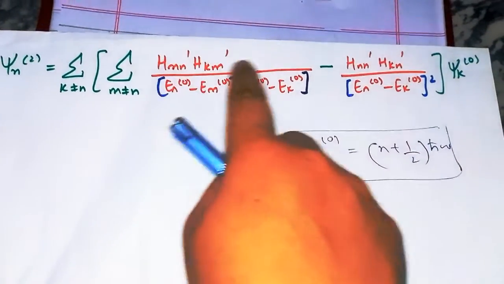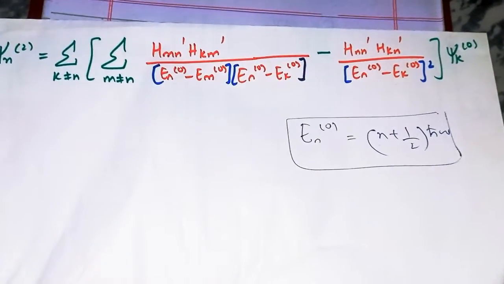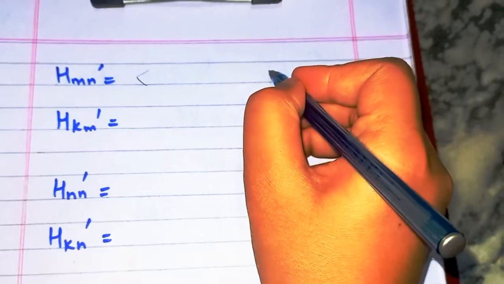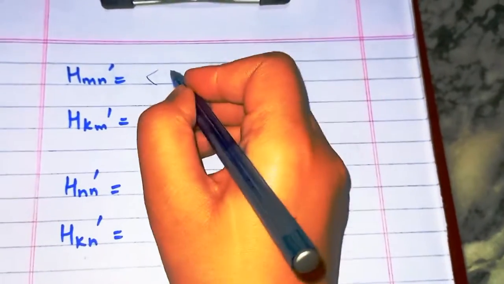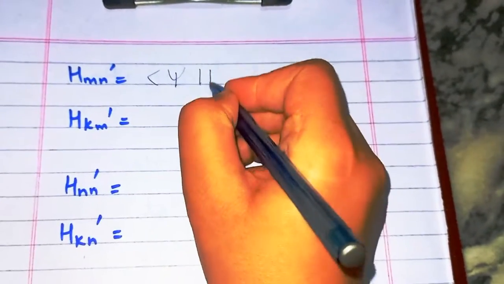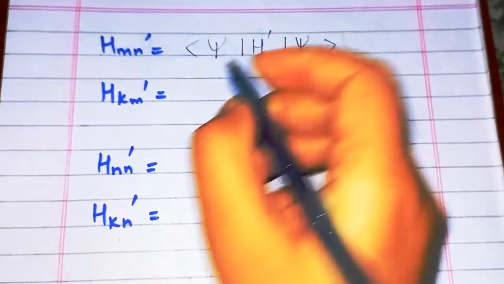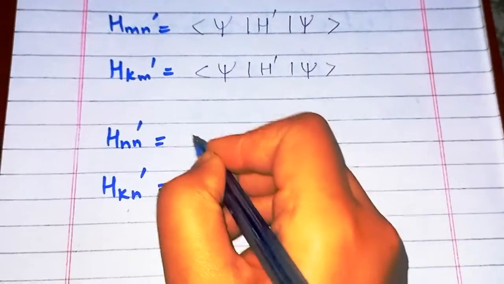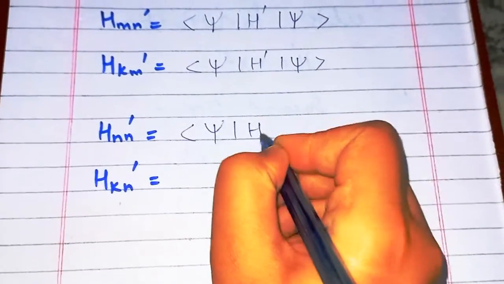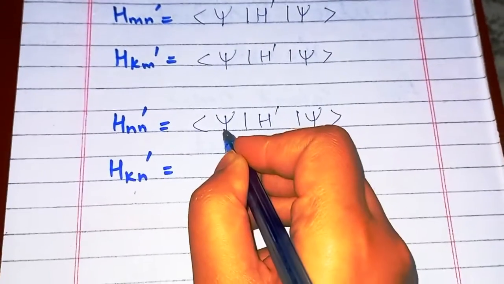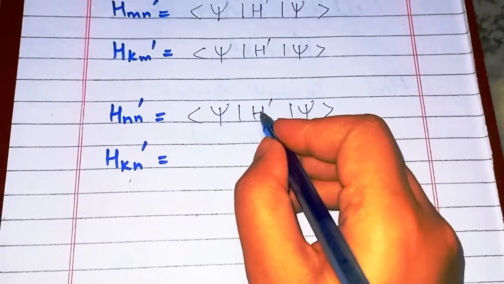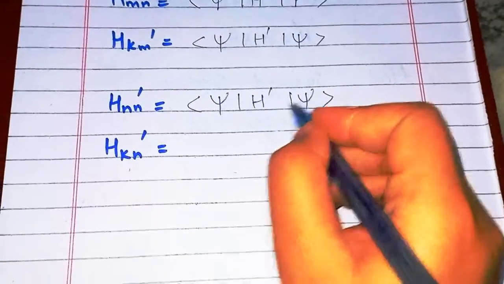They're all scalar products of psi with the Hamiltonian and then psi again. This is a common thing among all of these products. We have psi first in the bra section, then h prime, then psi, as this is the operator that is applied on this ket.